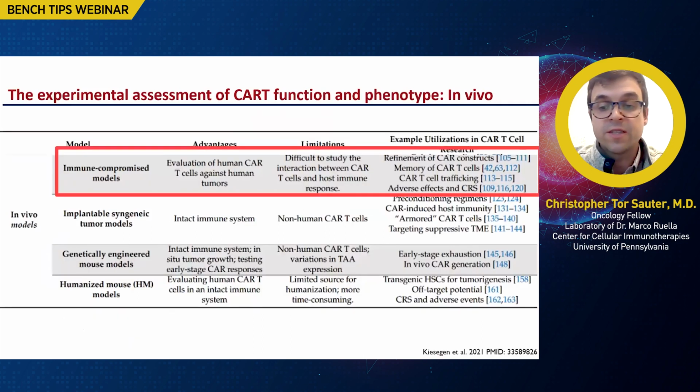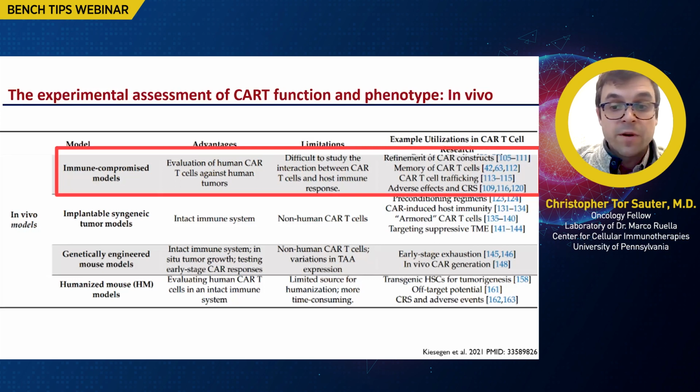Once in vitro efficacy is demonstrated, the gold standard for demonstrating efficacy remains in vivo model systems, of which there are many. Our lab heavily relies on immune-compromised model systems using xenografts, either cell line or patient-derived xenografts. So there are many different types of model systems for this.